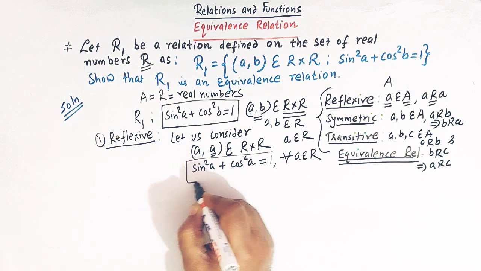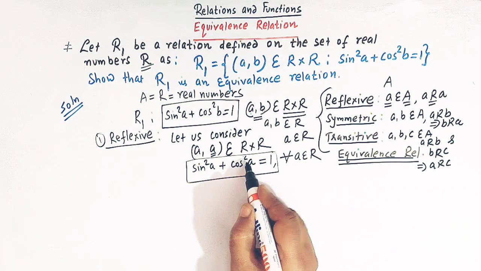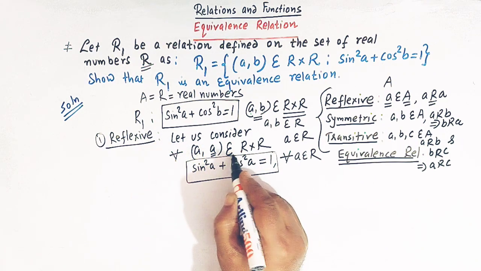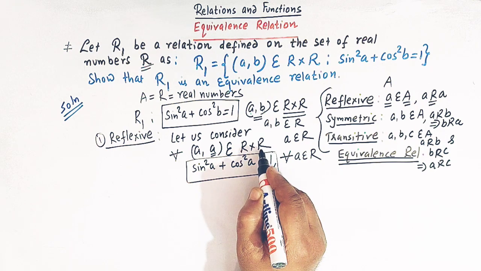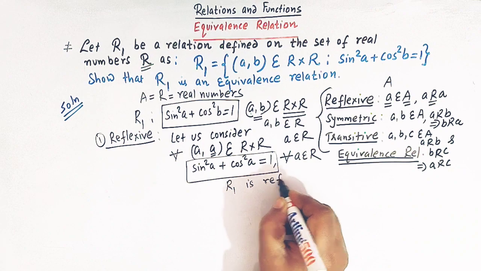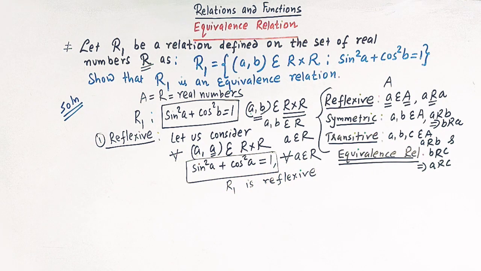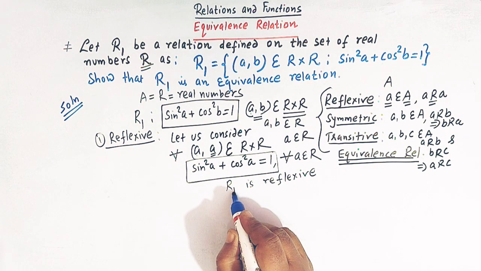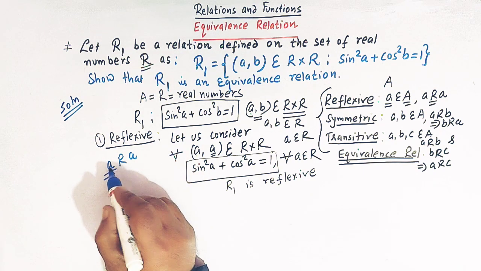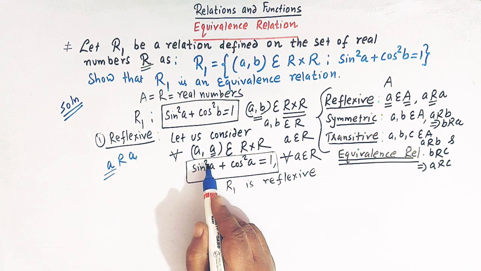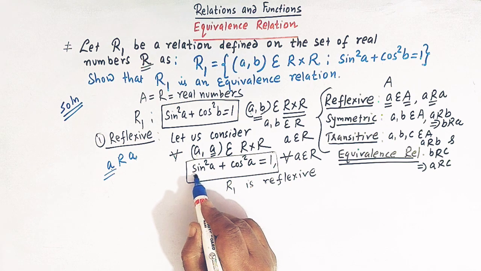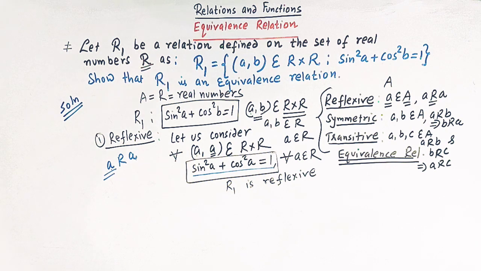So we have obtained sine square A plus cos square A is equal to 1 for all (A, A) belonging to R cross R. So this relation R1 is reflexive, so A is related to A, and each element A is related to itself, because sine square A plus cos square A is equal to 1 for all A belonging to the set of real numbers, and this is the well-known trigonometric identity.